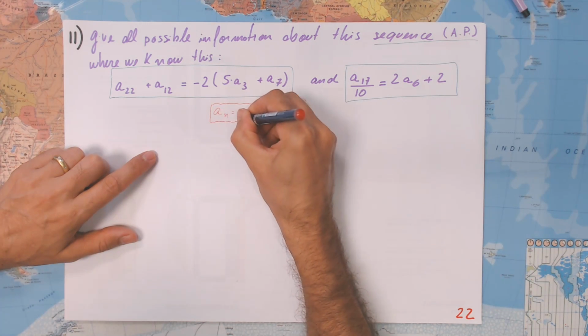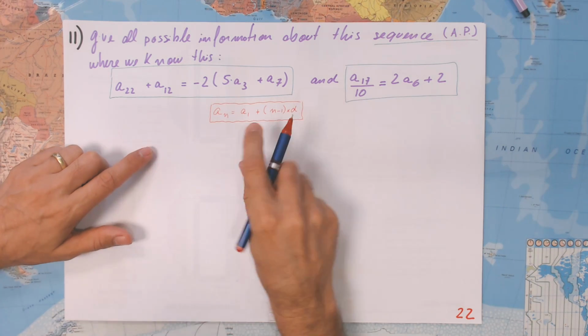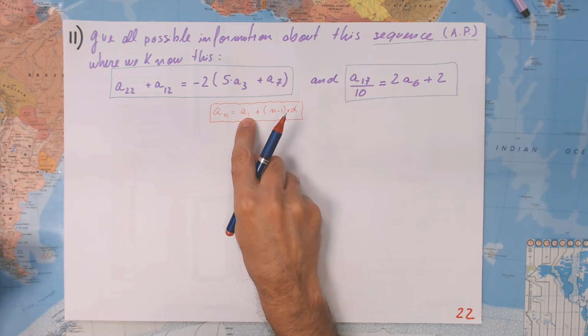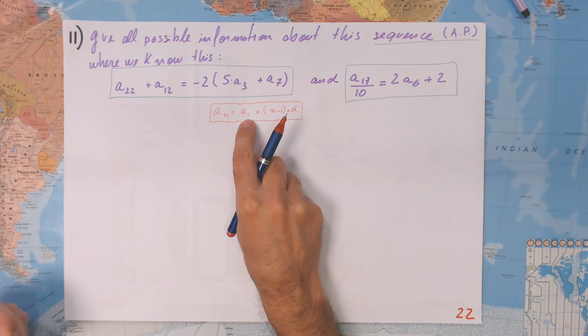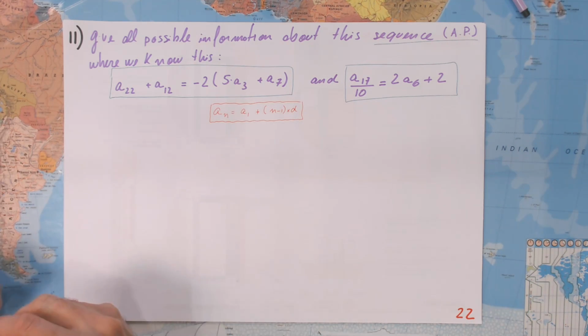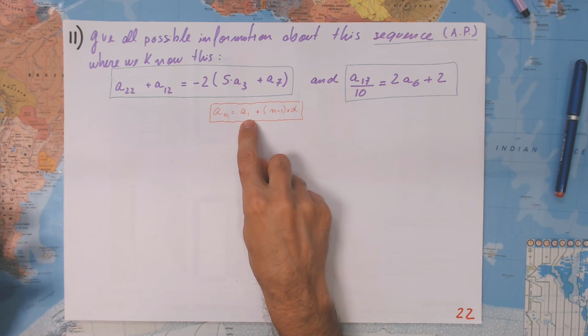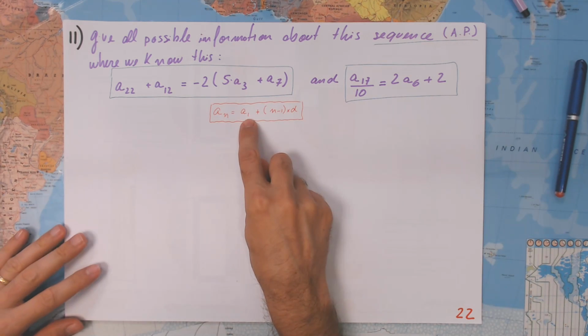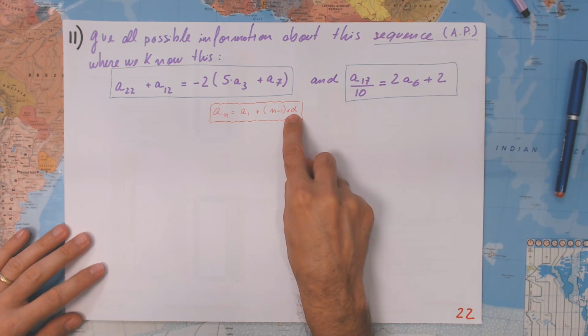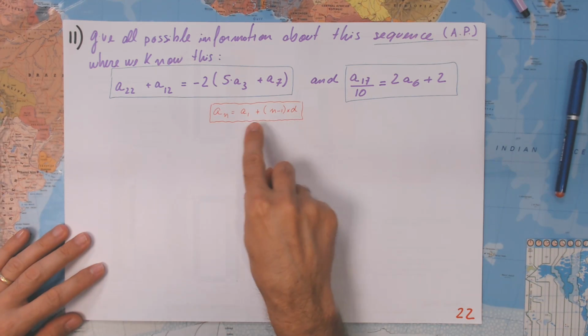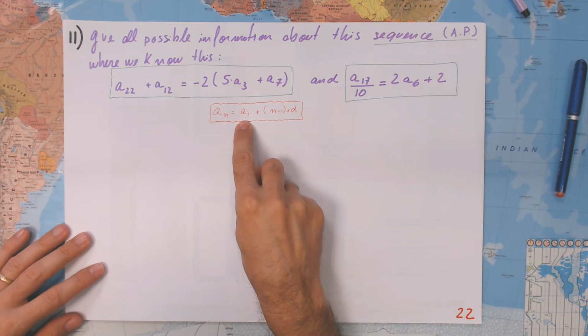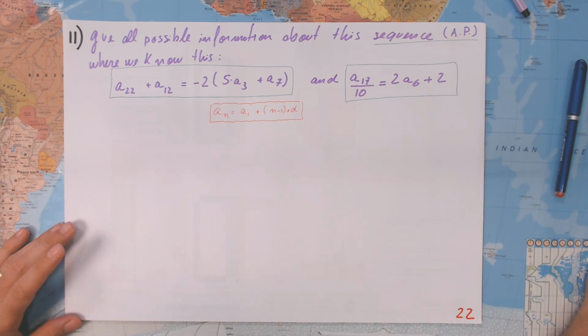And why am I using a sub 1 instead of any arbitrary term? Because I want to bring up two things only: the common difference and A1, just that.